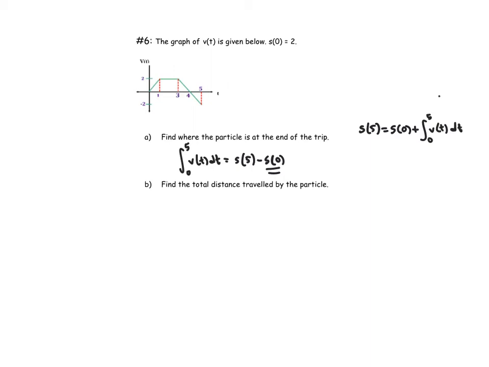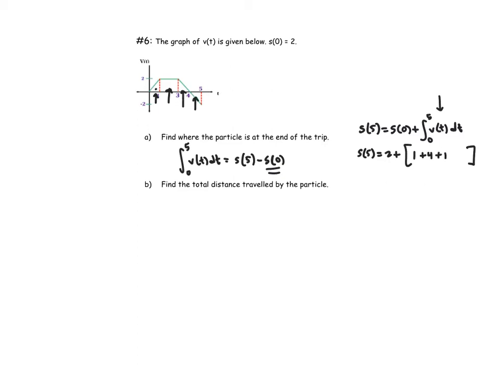And again, this is displacement, so I'm going to consider any area below the x-axis as negative. So the position at 5 will be the initial position plus the accumulated areas. Let's talk about them. This first triangle will be an area of 1. This rectangle will be an area of 4. This triangle will be an area of 1.